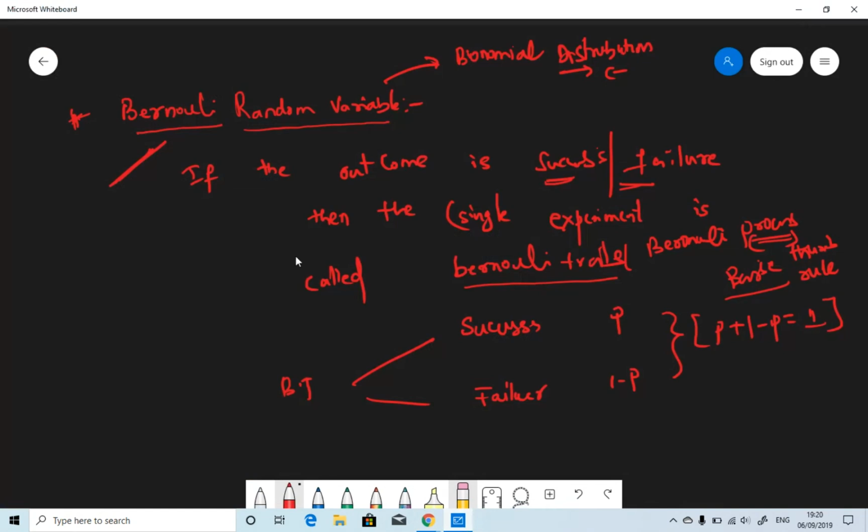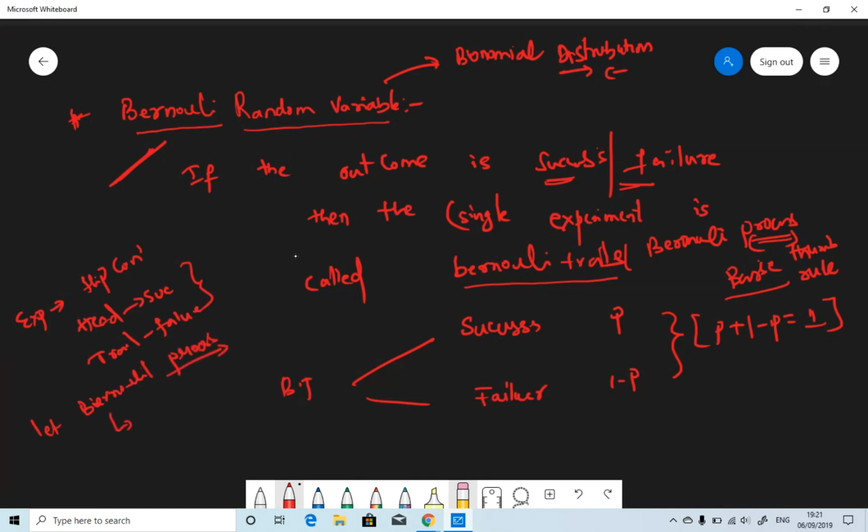Let us take Sharath, it's just an experiment. When you are flipping a coin, if it comes head, it's a success, and if it is tail, it's a failure. Let us consider flipping a coin as a Bernoulli process.